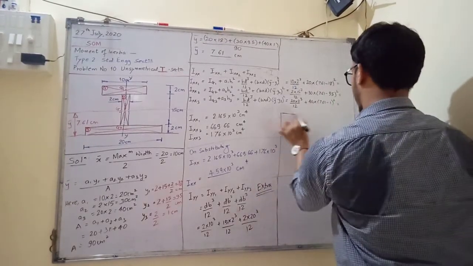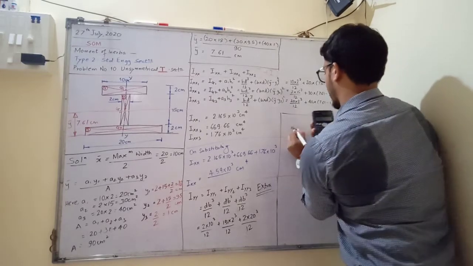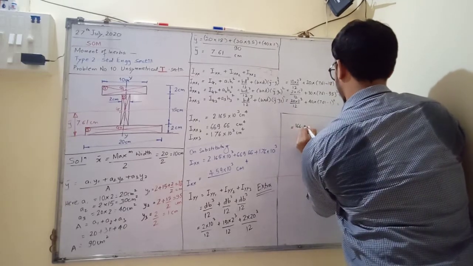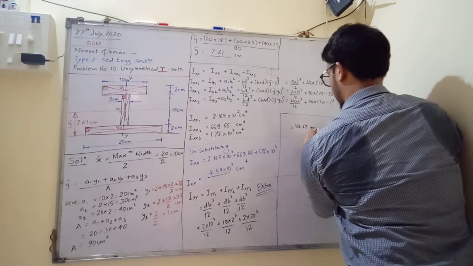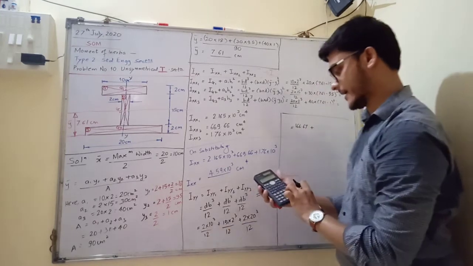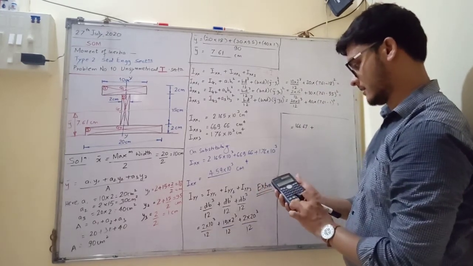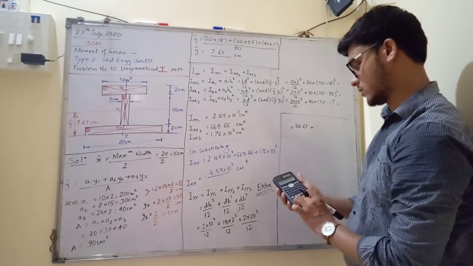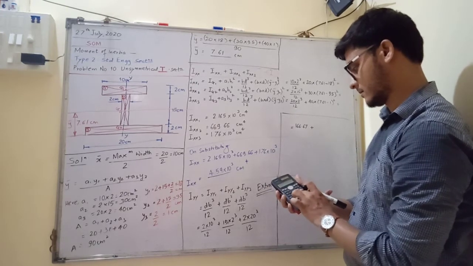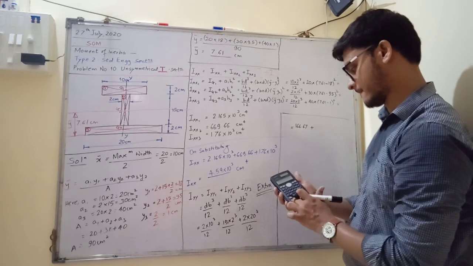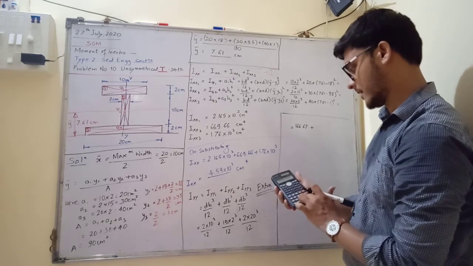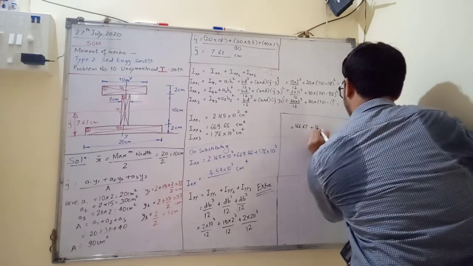I will write here, 166.67. Second, 15 into 2 cube divided by 12. I got the value as 10.